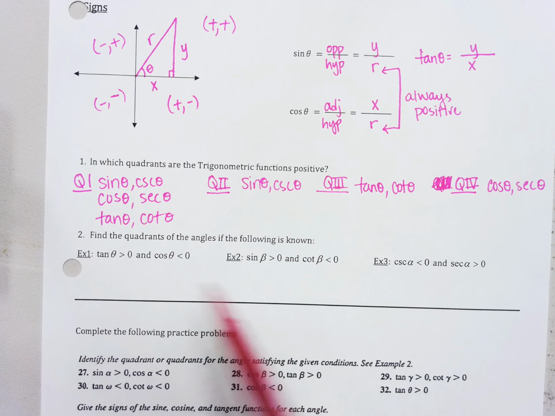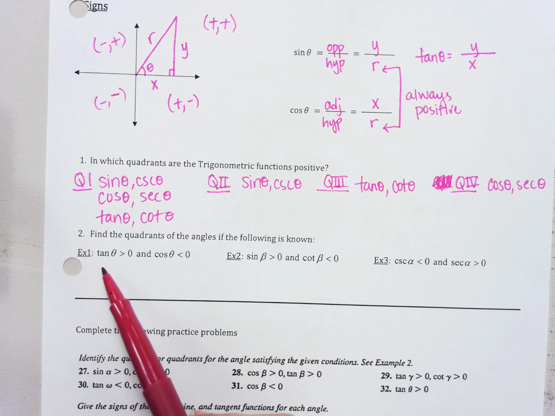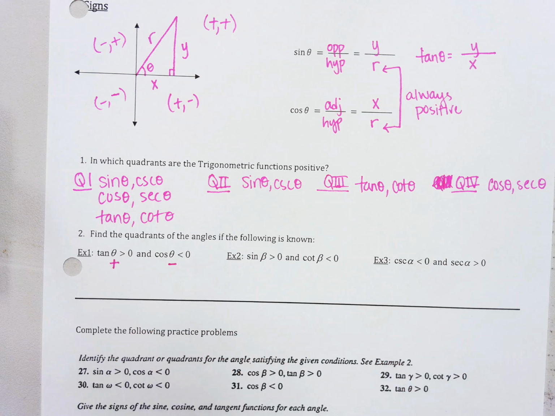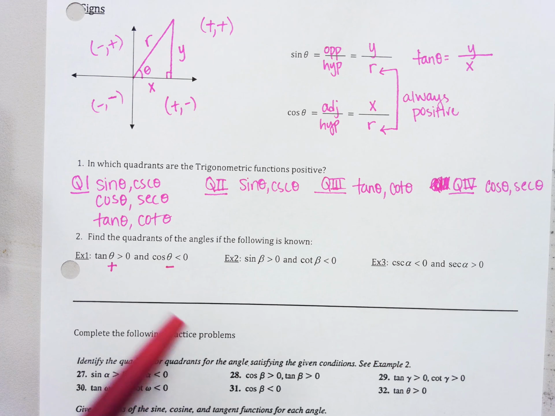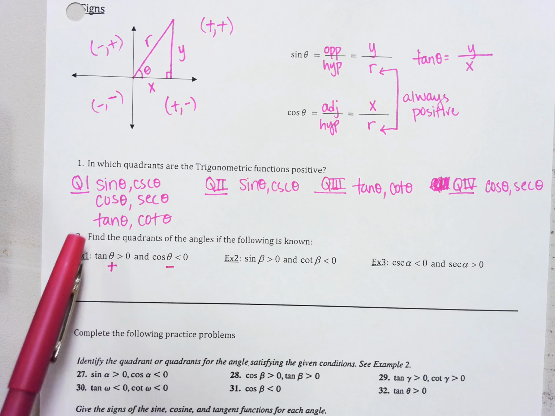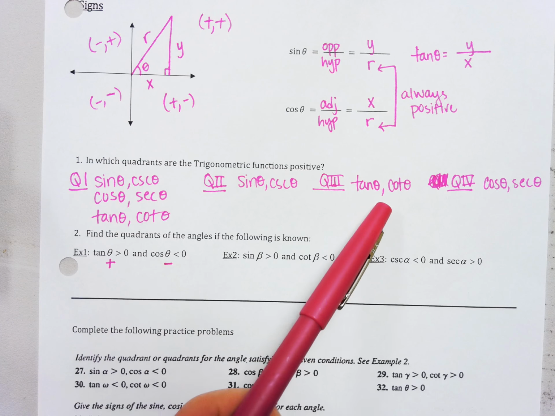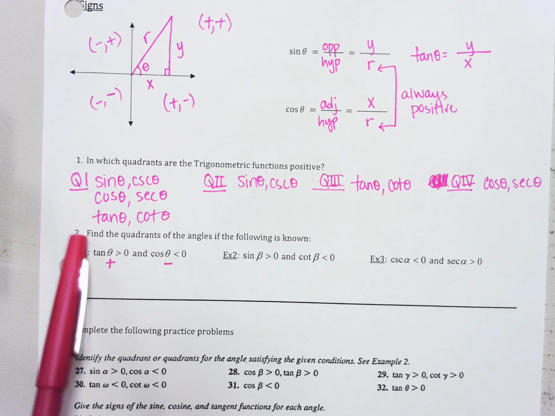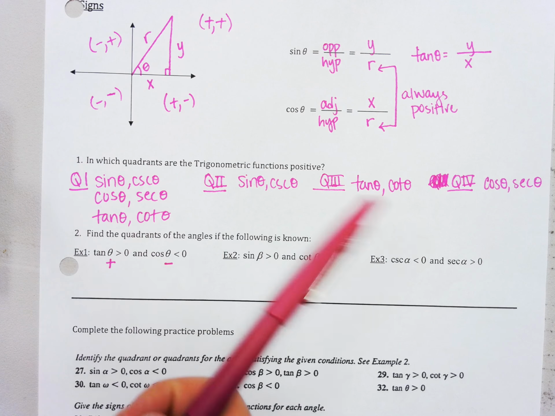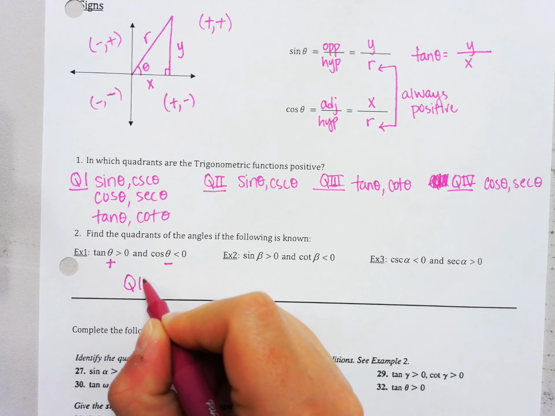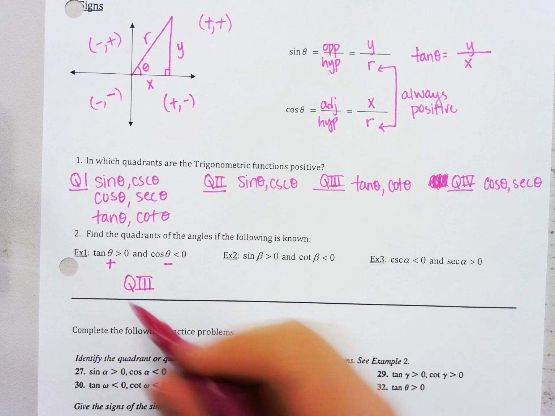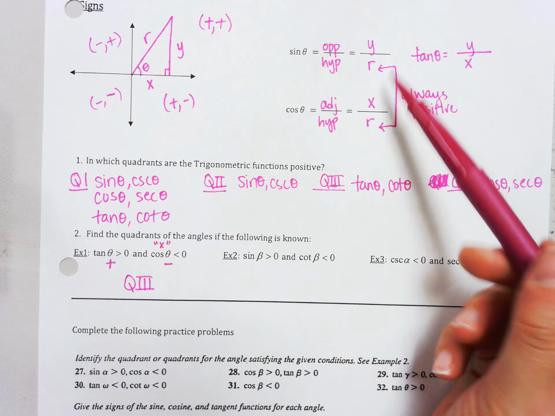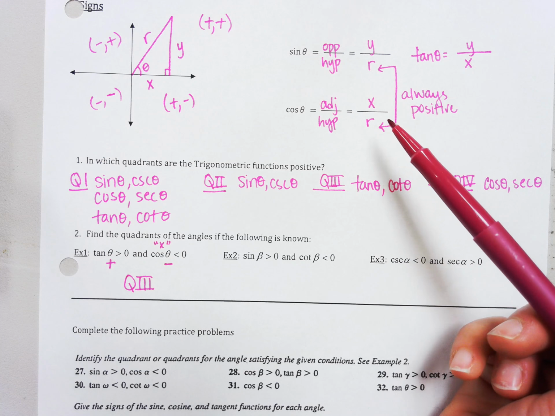So right now, for example 1, we know that tangent is positive and cosine is negative. So tangent is only positive in quadrant 1 and quadrant 3. So cosine being negative really means that it can't be quadrant 1, so it has to be quadrant 3. It's like a process of elimination. I like to think about cosine acting as my x value, because that's the only thing that is affecting whether it's positive or negative.